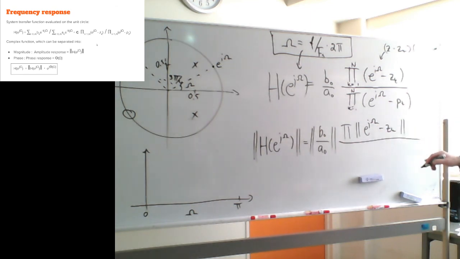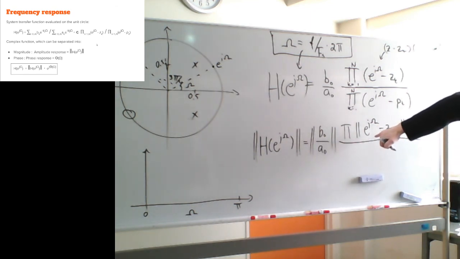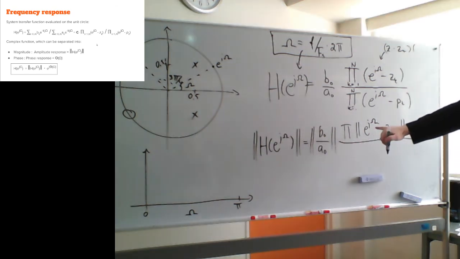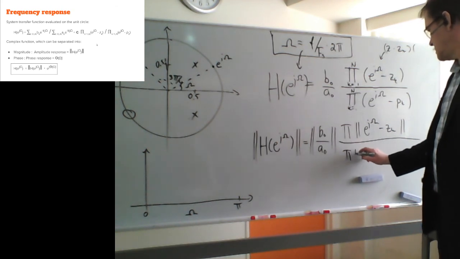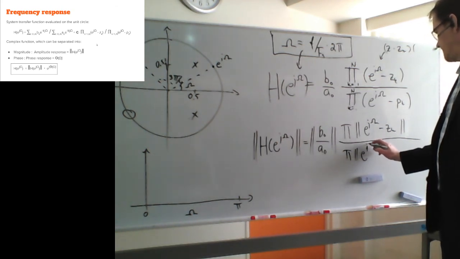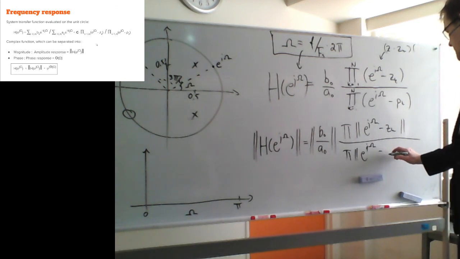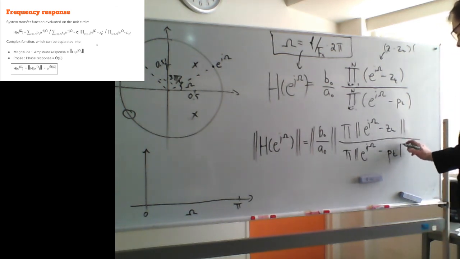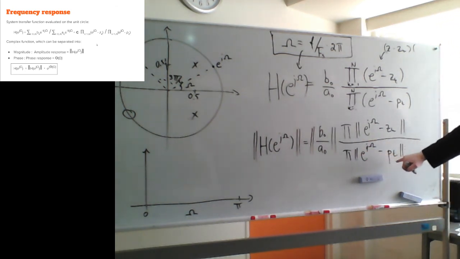That is distance, the distance of point e to the j omega to zk. Same thing here, this one is a distance.